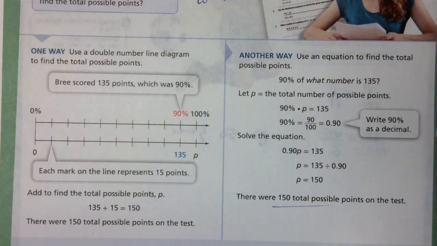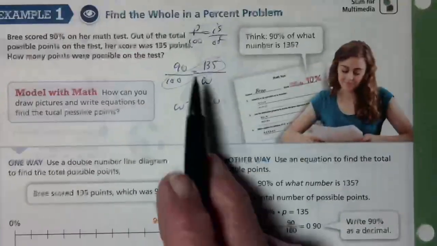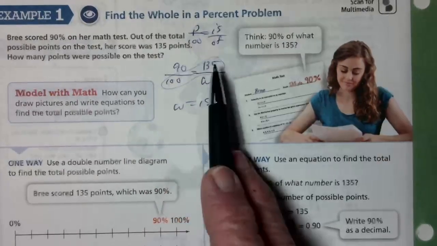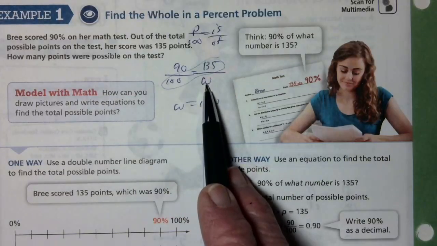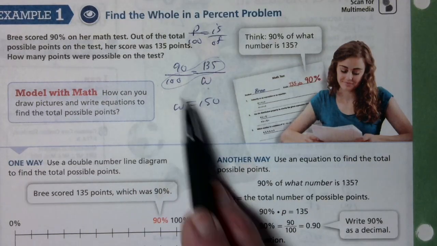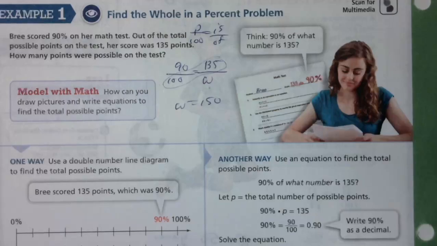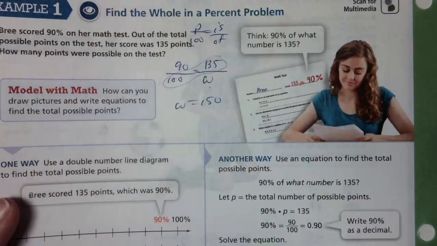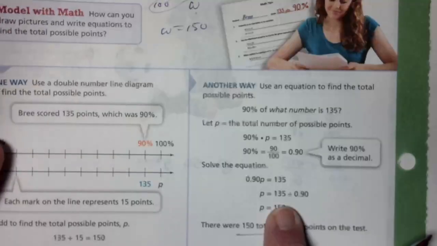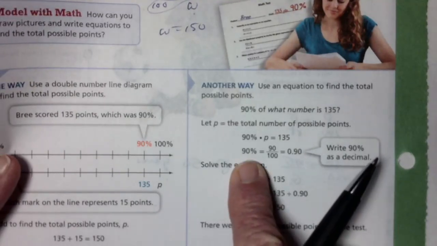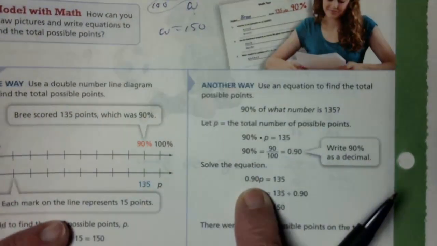I'm more into thinking about comparing my numbers. If I know this is right and this number is bigger than this one, I know this one better end up bigger than this one, and estimating my answers and that sort of thing. And the only thing that they're doing different here than what we do is they're working with their 90% in decimal form. Okay?